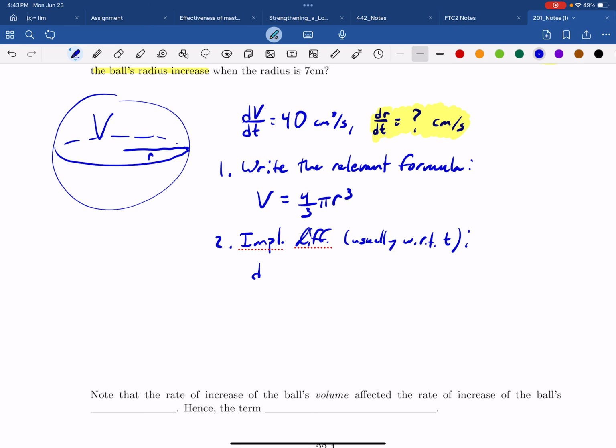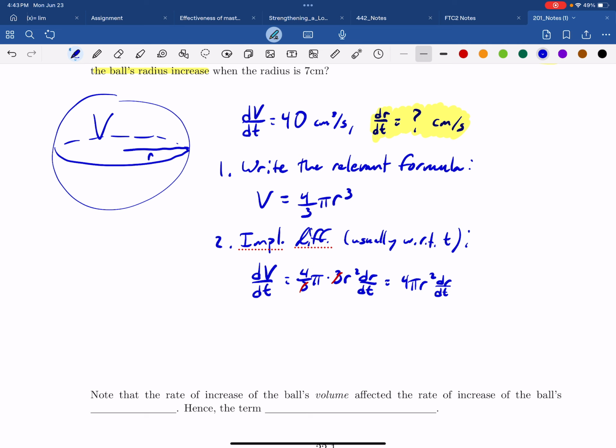If we differentiate V with respect to time, then we get dV over dt equals 4/3 pi, and then it's going to be 3r squared dr over dt. Because we're differentiating with respect to t, not with respect to r. And just note, of course, that in this case we can simplify and make it a little bit nicer. Always good to simplify if you see a simplification that makes your expression easier to look at.